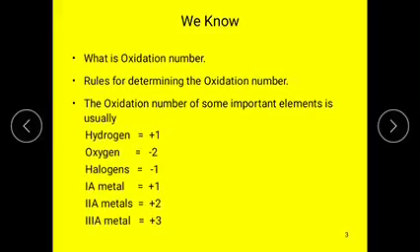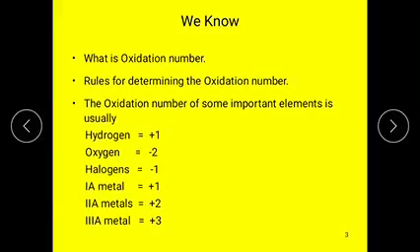For the halogens, chlorine, bromine, iodine, we take -1.